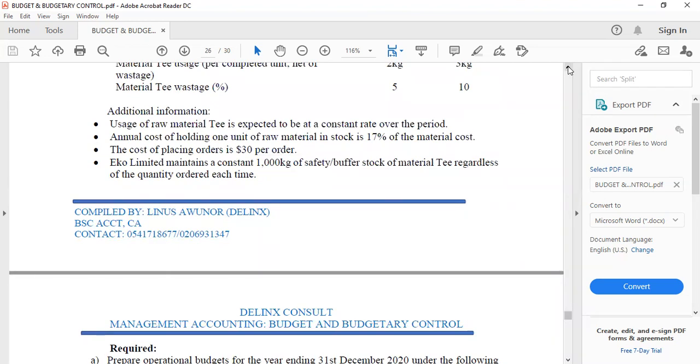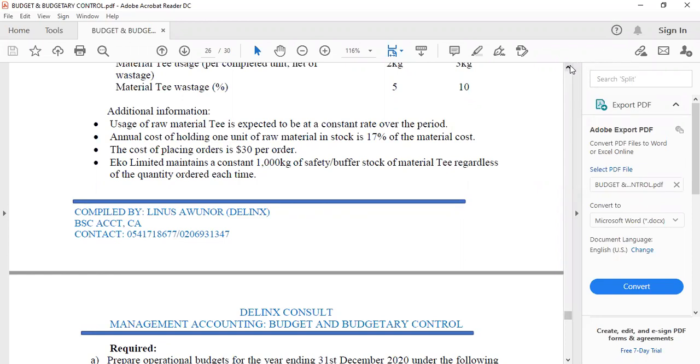For economic order quantity, you take the square root of 2 times the annual demand times the ordering cost, divided by the holding cost. So the annual cost of holding a unit of raw material is 70% of the material cost, so 17 of the 30 Ghana cedis. These are all relating to the economic order quantity. Are you okay?